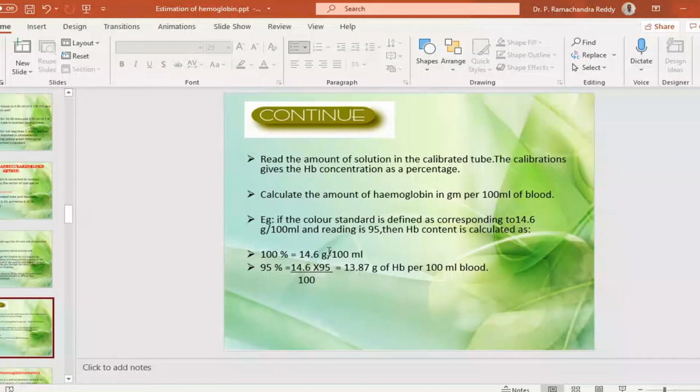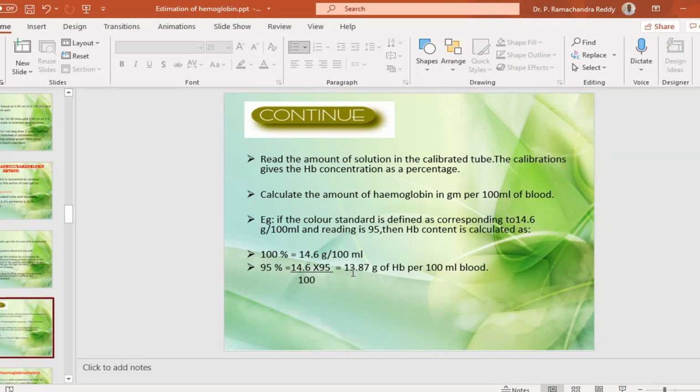So if it is 100%, it's okay. If it is 95%, then you calculate 14.6 into 95 by 100, which is equal to 13.87 grams of hemoglobin per 100 ml of blood. This is how we can calculate.